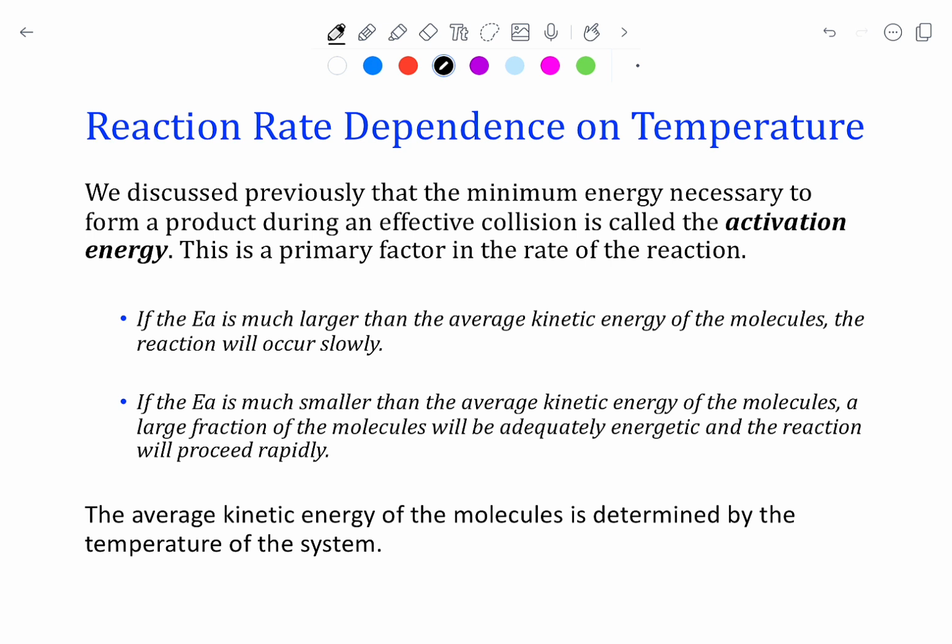So we've discussed previously that the minimum amount of energy necessary to form a product during an effective collision is called the activation energy. And this is the primary factor in the rate of the reaction. If the activation energy is much larger than the average kinetic energy of the molecules, then the reaction will occur slowly.